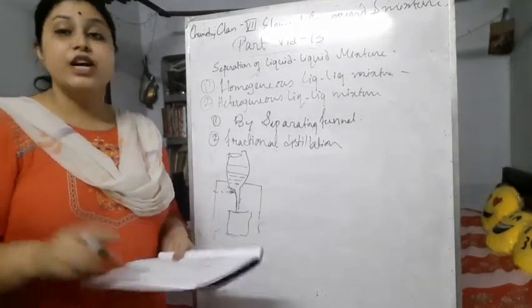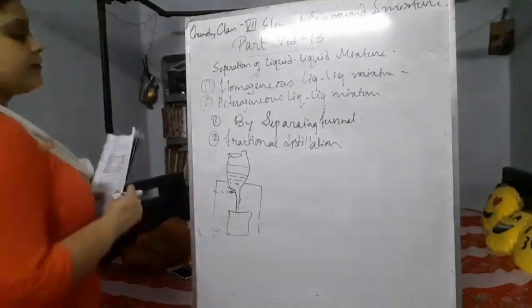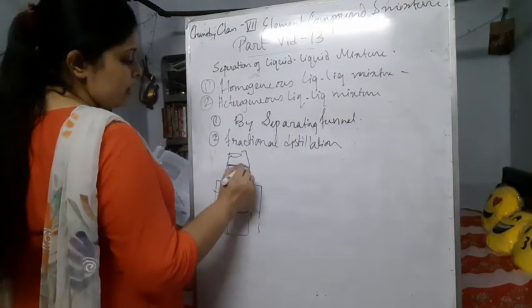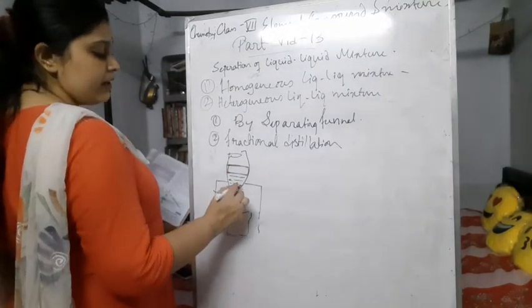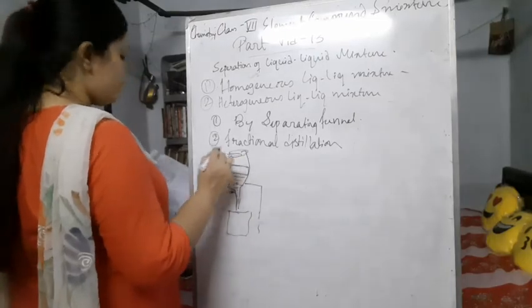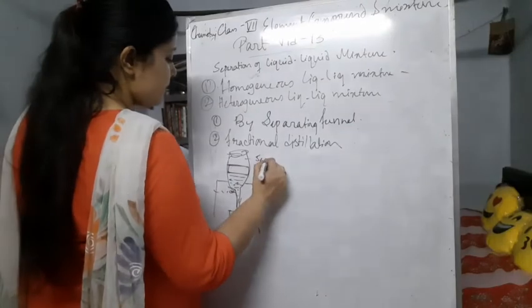The components form two clear parts. Here we can see this is one part, and this is another part. They are all liquids, but the liquid forms one layer here and one more layer here. So this is the separating funnel.